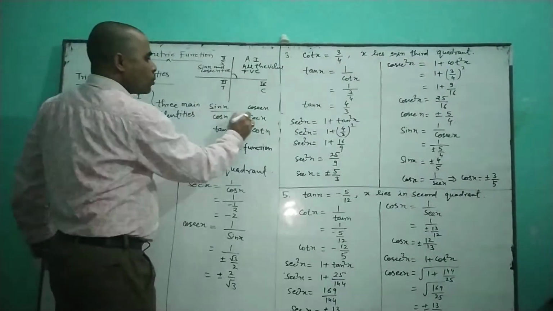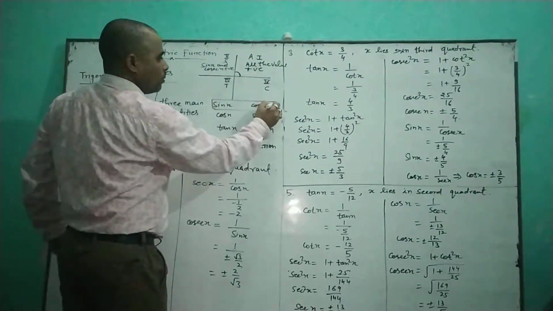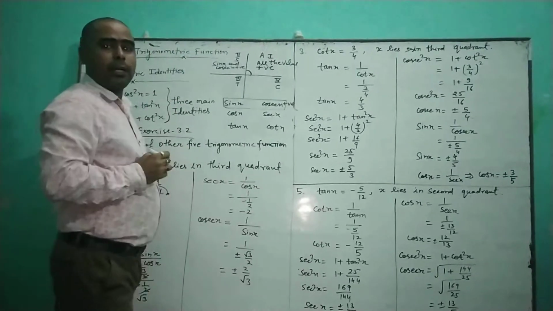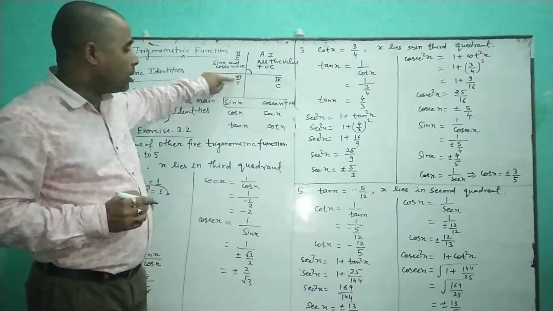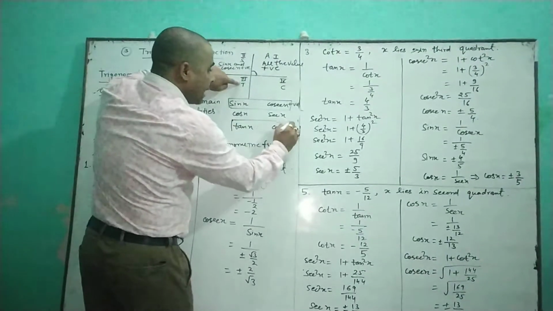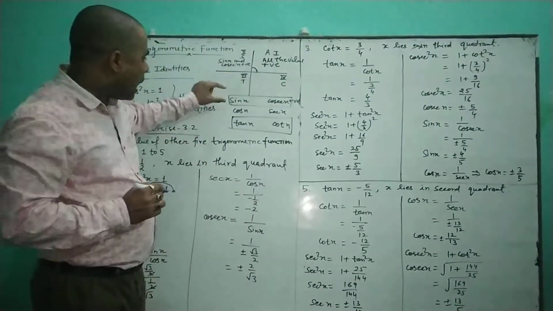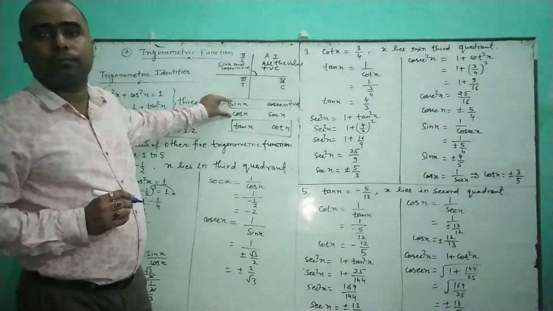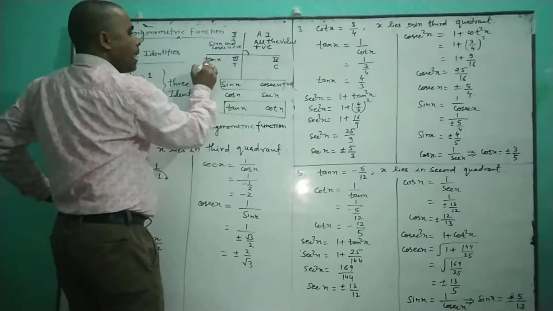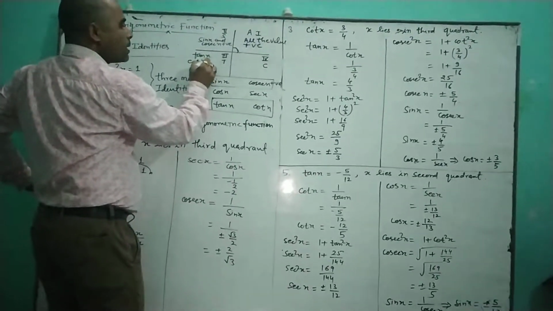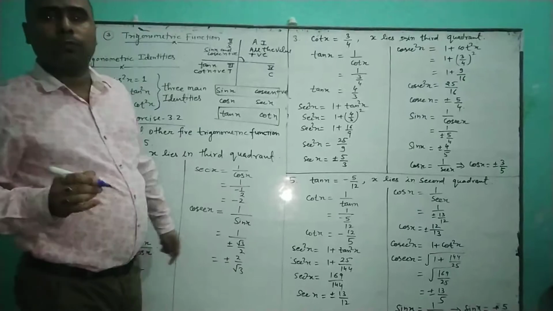Now sin and cosec will be positive in the second quadrant. Rest 4 will be negative. Now in the third quadrant, T means tan and its opposite cot will be positive, and the rest 4 are negative. It means tan x and cot x will be positive.